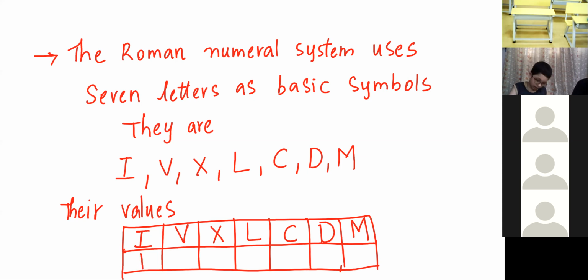The value of V is 5. The value of X is 10. The value of L is 50. The value of C is 100. The value of D is 500. The value of M is 1000. Take down.